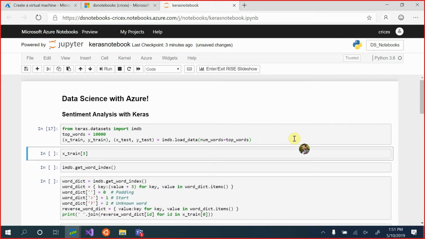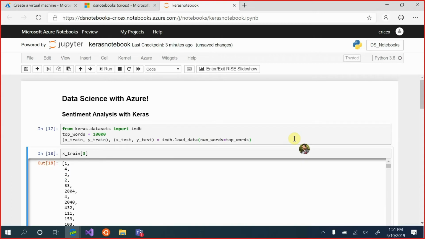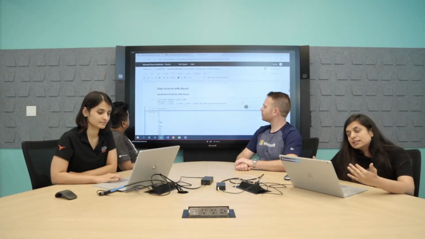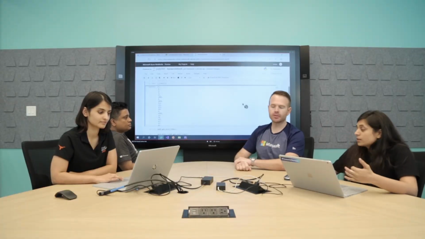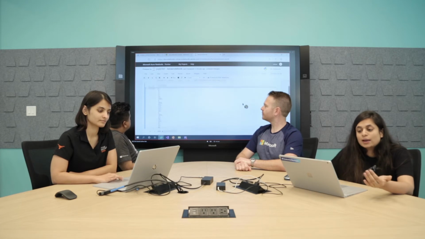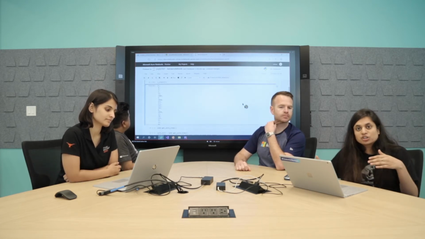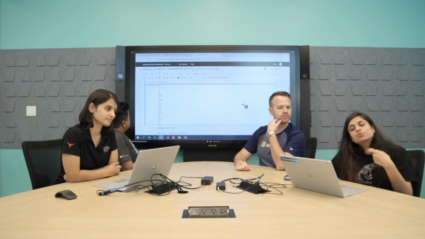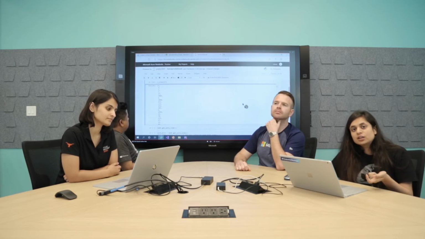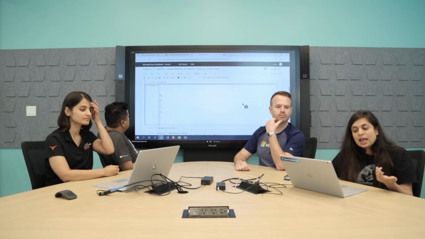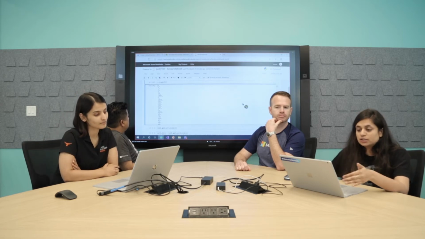Now, speaking a little bit more about the dataset, first of all, this is how one row looks in the dataset. Now, what this essentially is... So one row is one review? Yes. One row is one review, and each of these integers that you see are essentially words. So each word in this dataset has been given a unique word ID, and this is the integer that you see here.